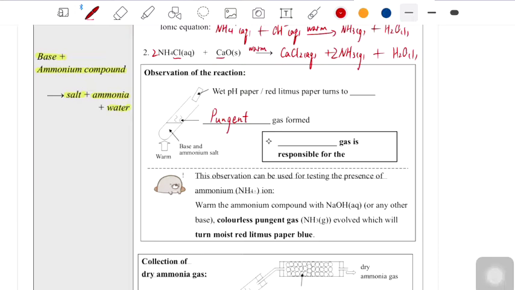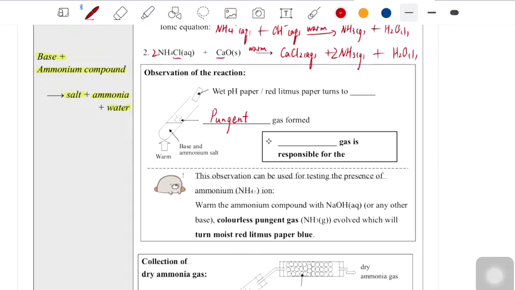Remember, when we write observations, never mention the name, because you haven't tested for it. For the observation, just describe that it's colorless and has a pungent smell.